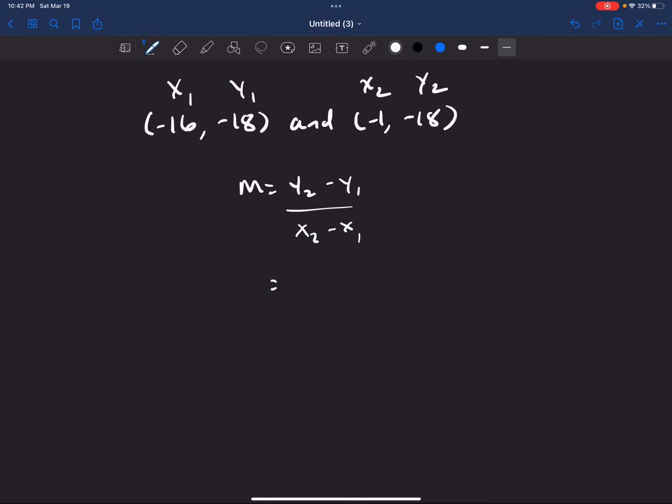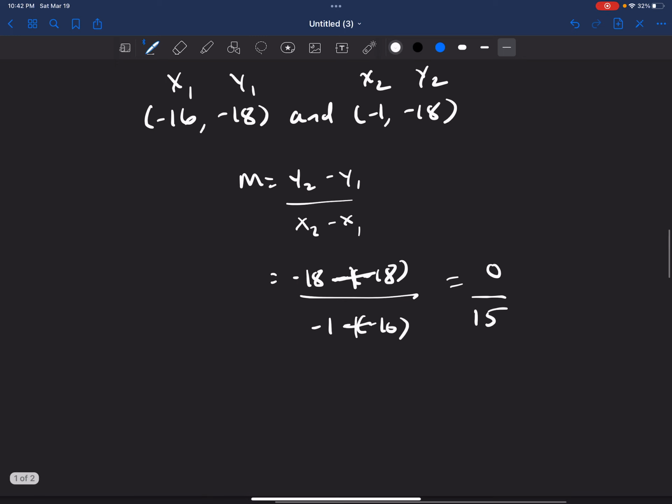Start plugging them in. -18 minus -18 all over -1 minus -16. -18 minus -18, negative times a negative is a positive, so that's just going to be what? -18 plus 18 is 0. And then -1 minus -16, negative times a negative is a positive. That should be 0 over 15.